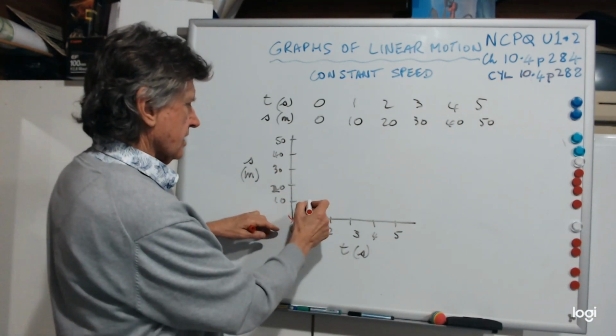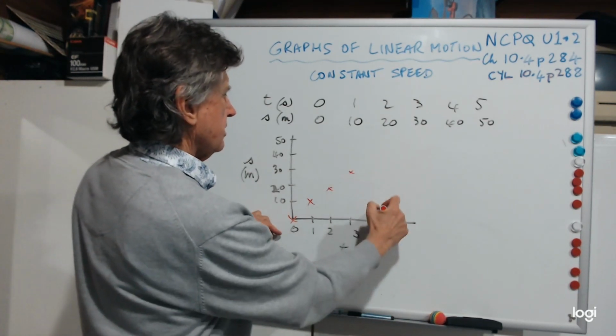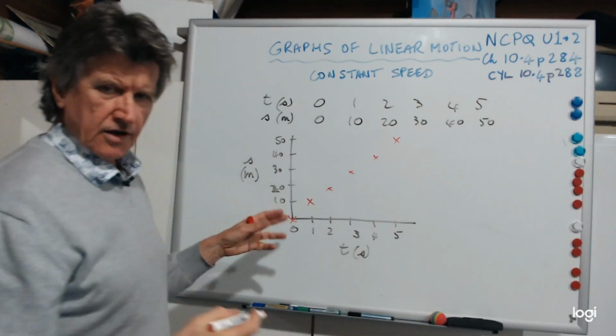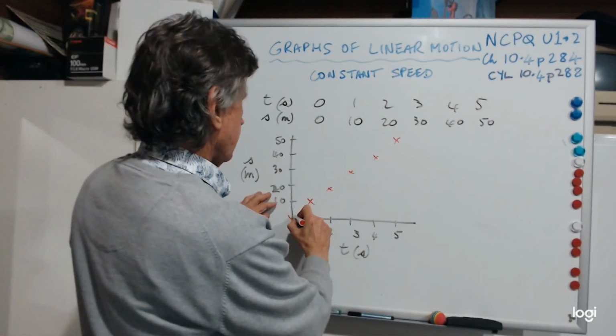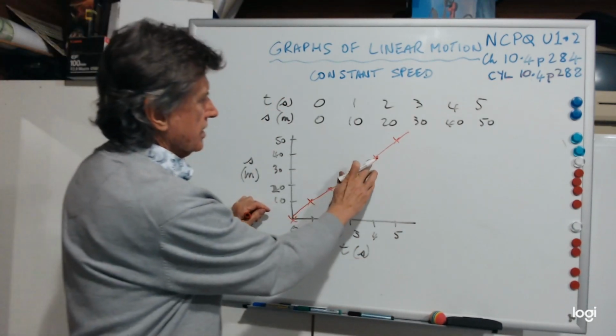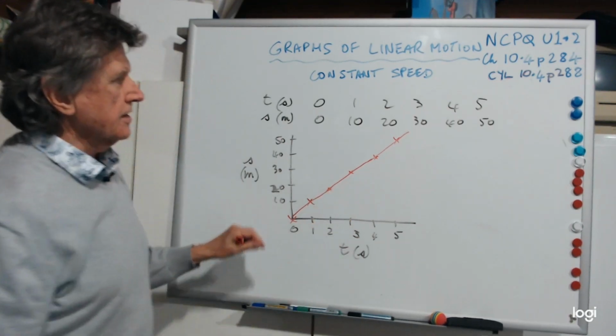So 1 second it's 10, 2 seconds it's 20, 3 it's 30, 4 it's 40, and 5 it's 50. Okay, now I can draw a straight line through that. I haven't got a ruler, but you get the idea. There's a straight line through that.